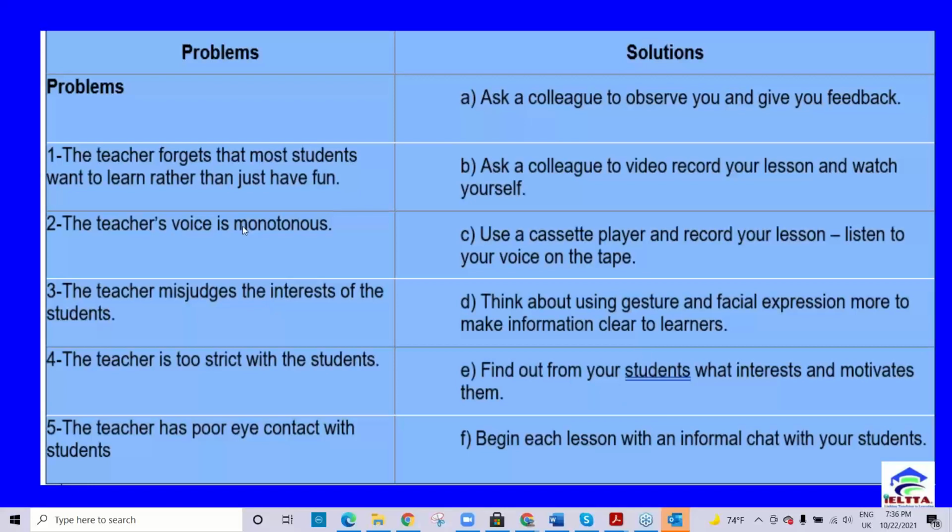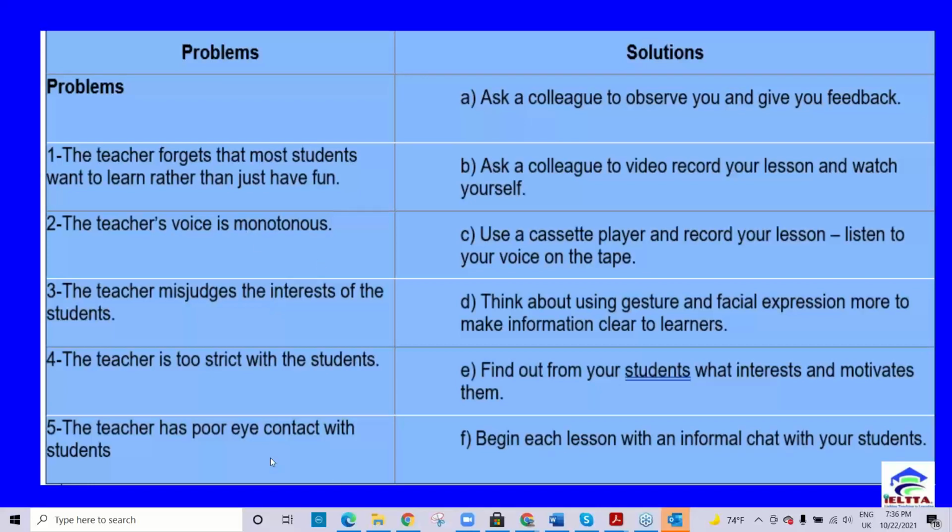One of the solutions would be number E. I think that would be the best solution here. That is, you have to find out from your students what interests and motivates them.